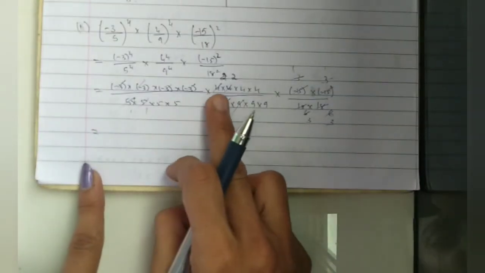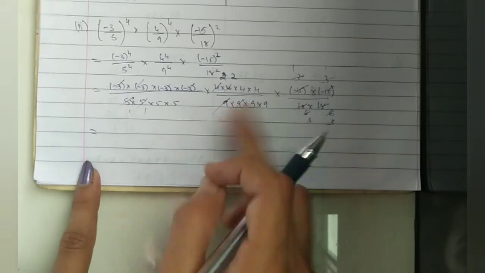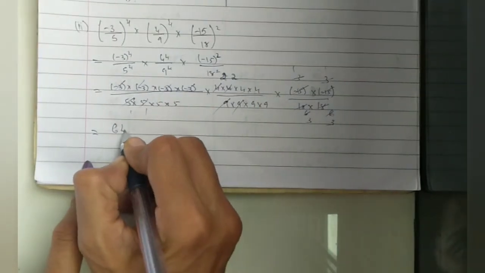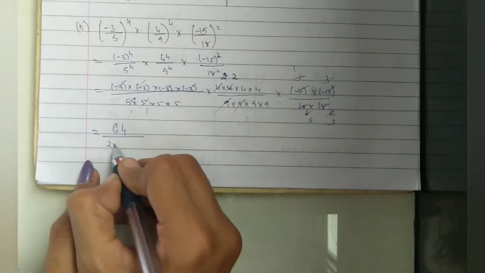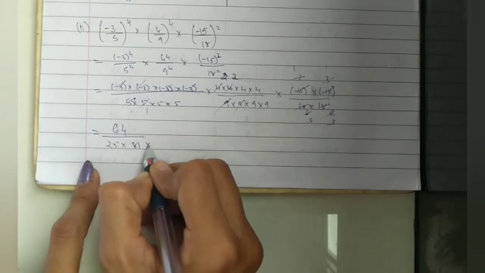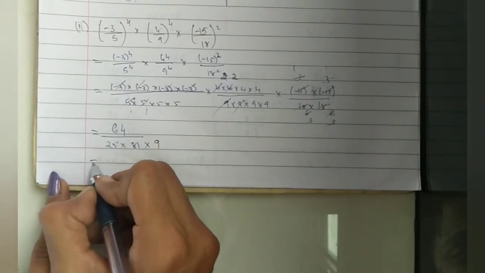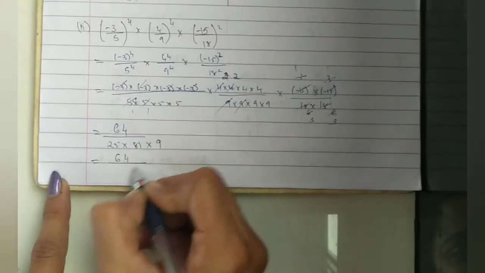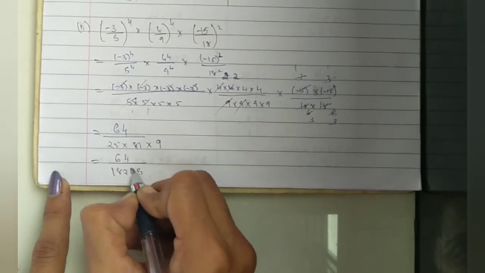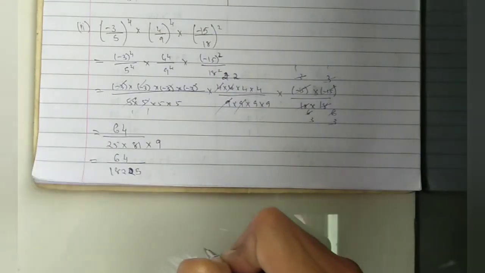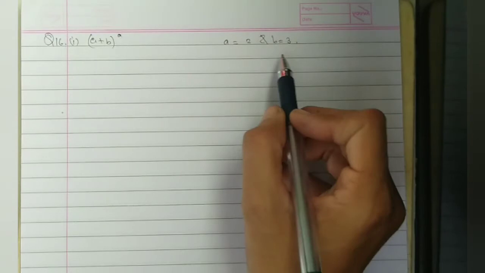Okay, 2 2s are 4, 4 2s are 8, 8 2s are 64. So 64 upon 5 5s are 25 into 81 into 3 3s are 9. So equal to 64 upon 18225 is the answer.